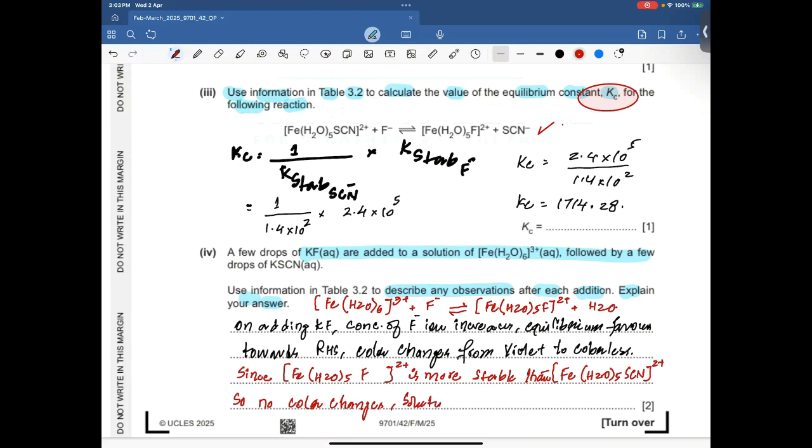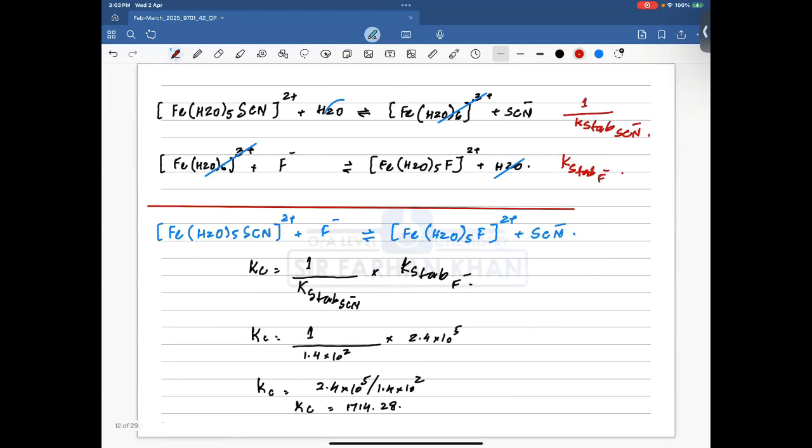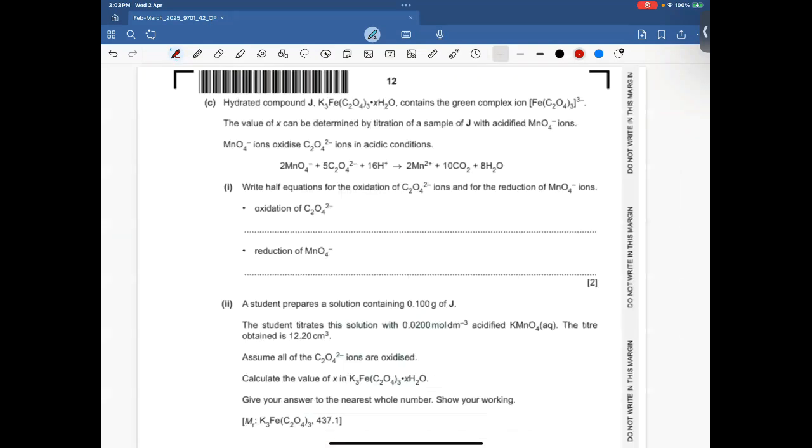Solution will remain colorless. So no reaction occurs. Solution will remain colorless. I hope it makes sense to you.